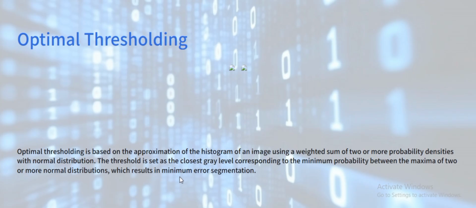See, the main need of thresholding is dividing the image into brightness and dullness. For that I need a threshold value. In optimal thresholding, we use a method called normal distribution. Under normal distribution, we have different types of data points.